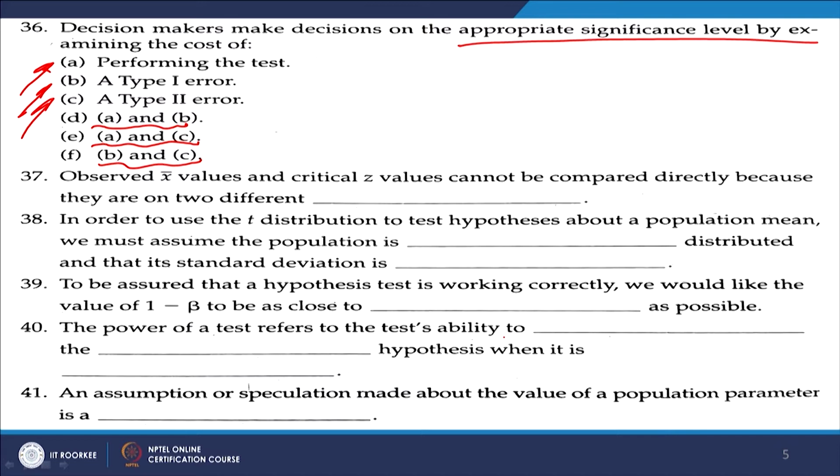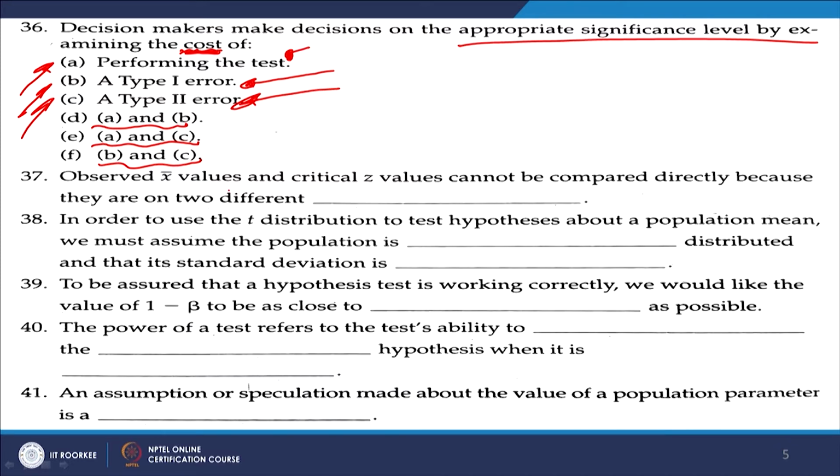Decision makers make decisions on the appropriate significance level by examining the cost of... in fact, this will give you an idea, cost of what. So, when businessmen or decision makers incur cost, they incur cost not so much while performing the test, but when type 1 error is committed and type 2 error is committed.